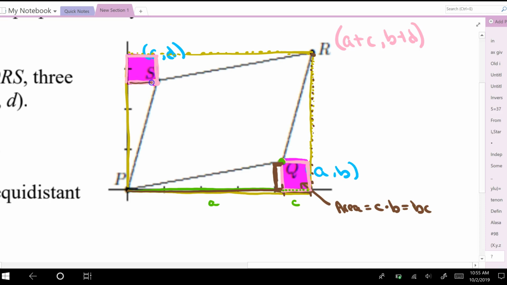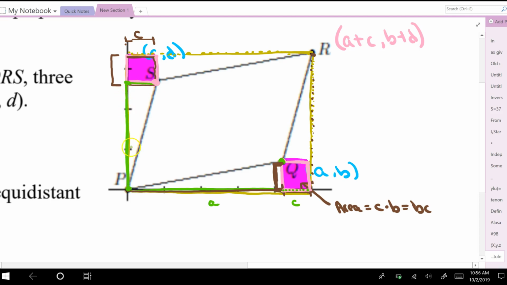Well, this pink triangle here, what do you think, everyone? This distance is, right here, this distance is what? C, right? What's this distance? That distance has to be, well, let's see. What's this distance right there?